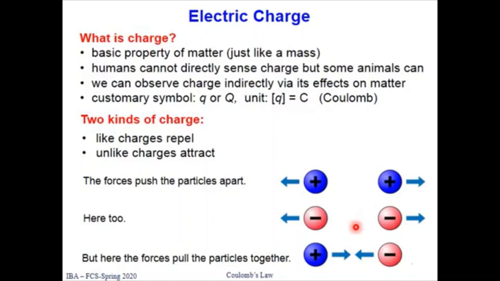If instead we have particles with opposite sign, like in this case positive and negative, they attract each other. That means that the force vector on each is directly towards the other.